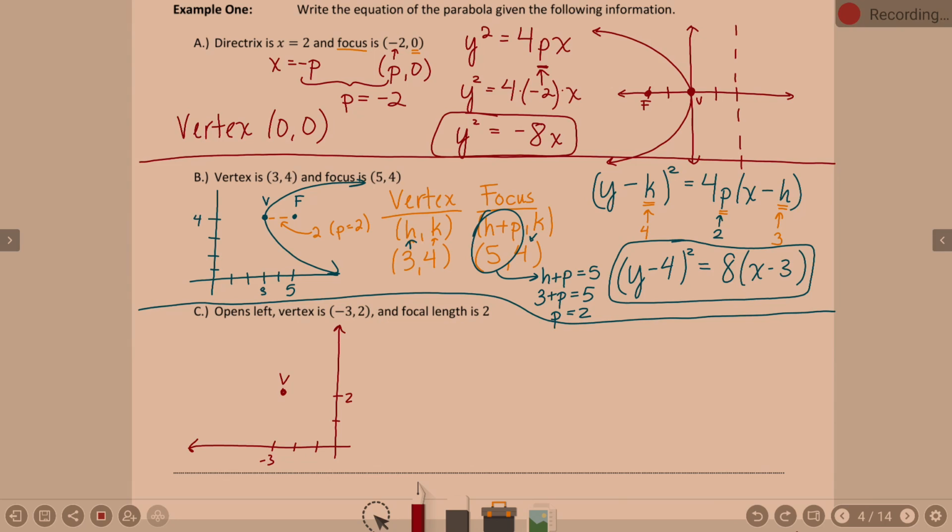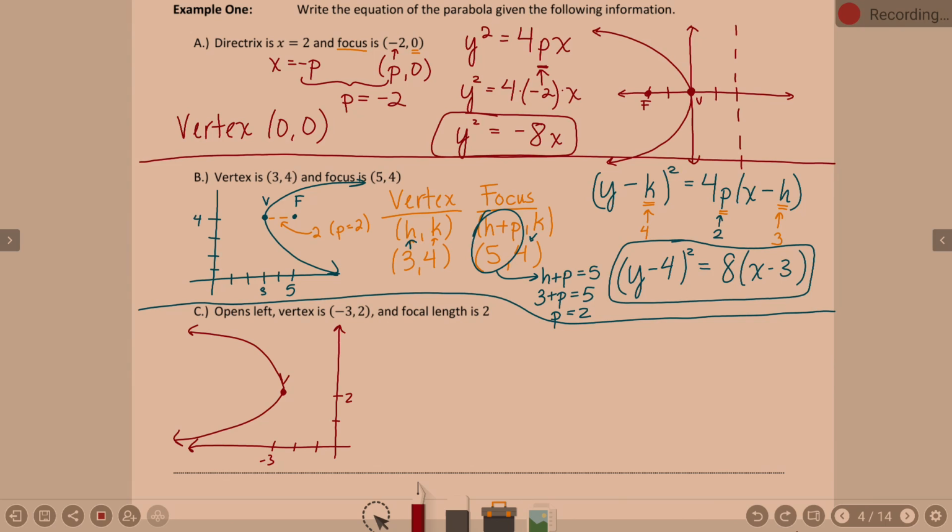So what information can you specifically tell me? I guess officially I could draw. It opens left, yes?